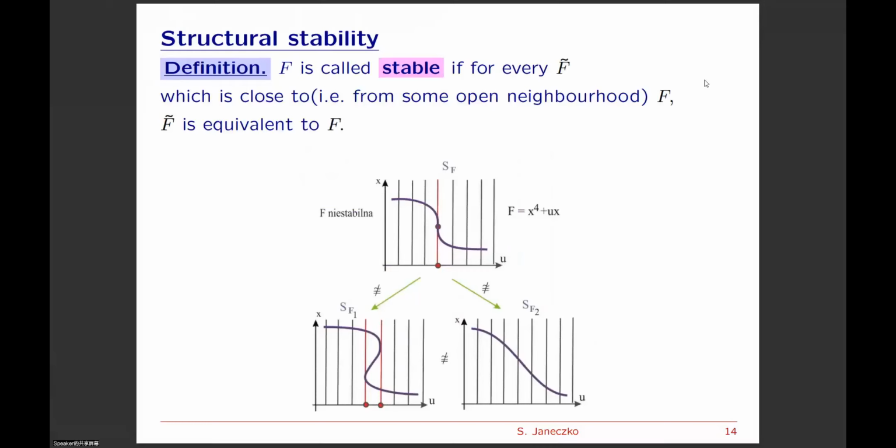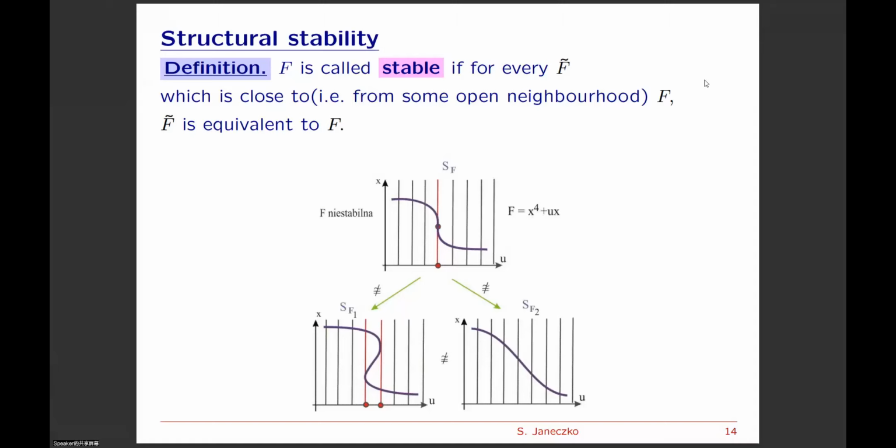Stability means that if you perturb an object a bit, it still has the same property as before, only changed in something not so important. So up to equivalency, up to adding something which does not change the important features of the system. This is the definition of structural stability.